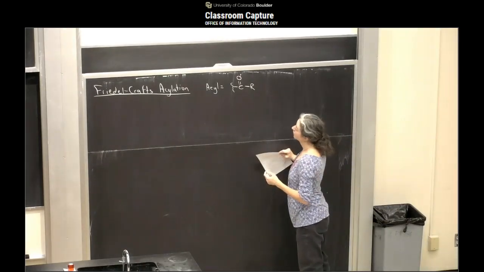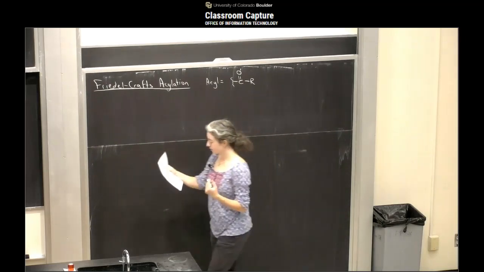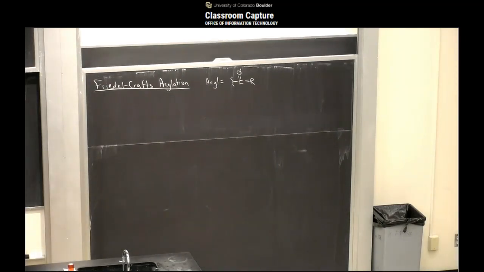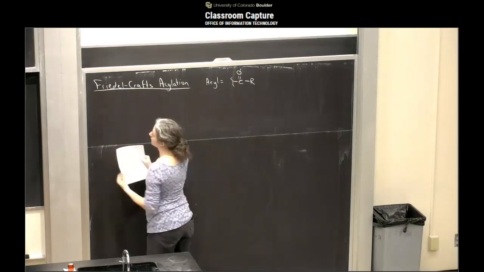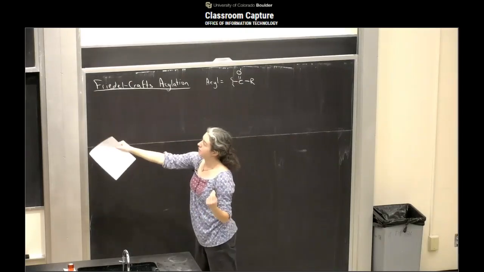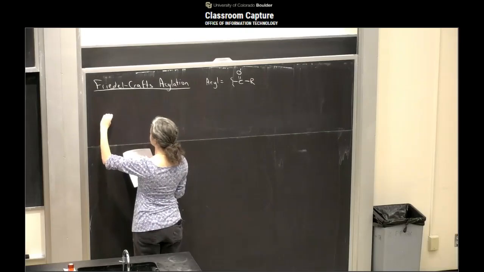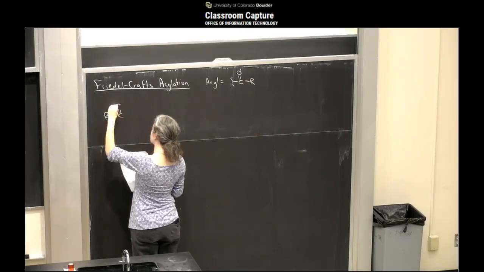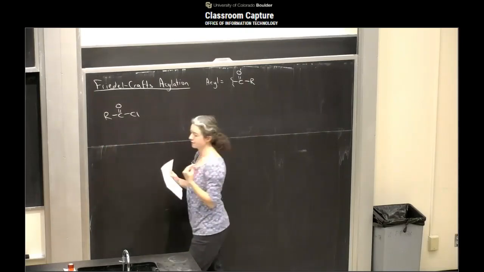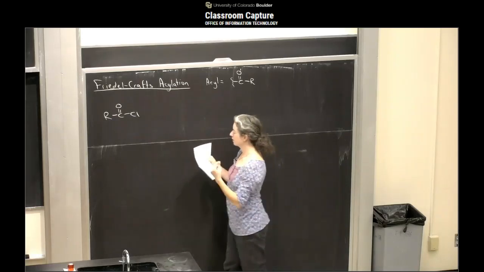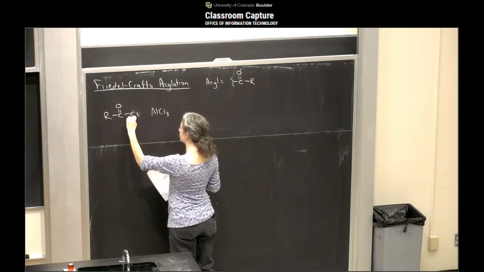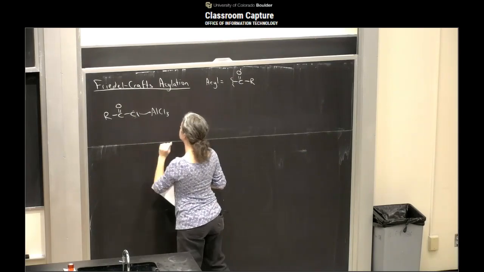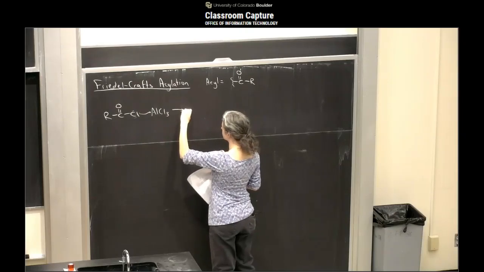So we're going to set this up pretty analogously to what we did over here, only instead of just an R going straight into a chlorine, we've got the carbonyl at the point of attachment here, CO double bond. And so we're going to start out looking exactly the same.